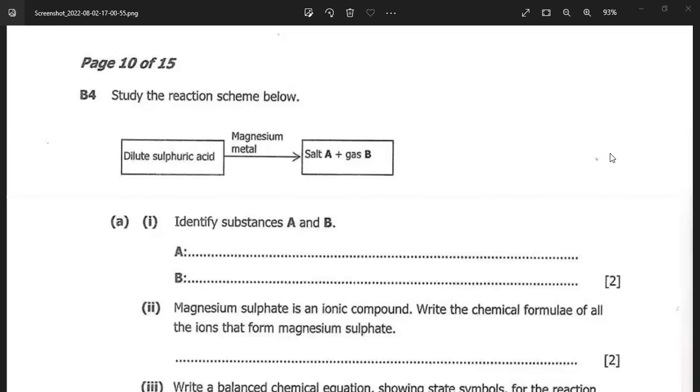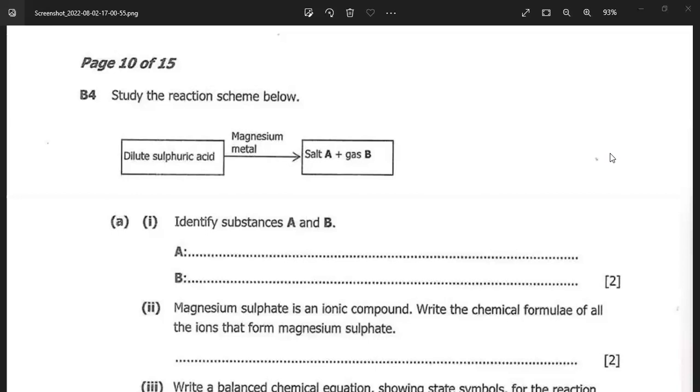Then the salt formed is dependent on the radical in the acid, because most acids have radicals. So you definitely know that. I'll give you an example.